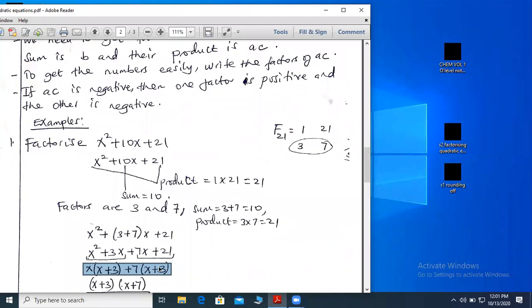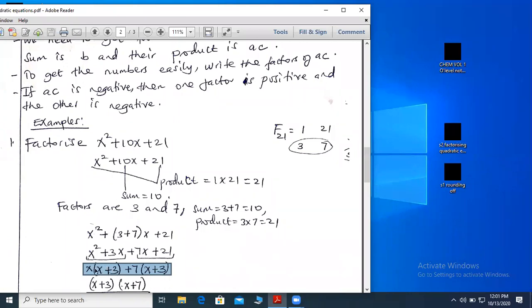And this is what should always happen when you are factorizing a quadratic equation. If the first thing in the bracket is x plus 3, then automatically the second one should be x plus 3. So if x plus 3 is common, we pull it outside the bracket again. We write x plus 3.